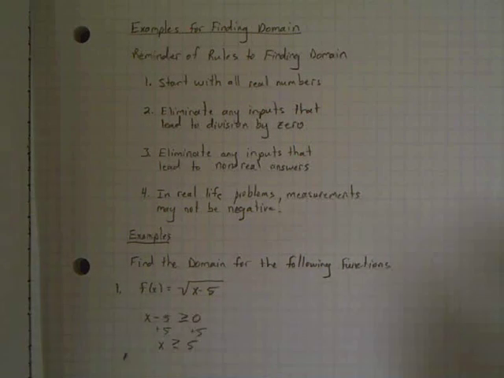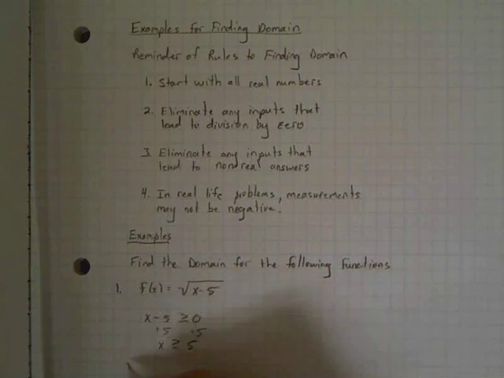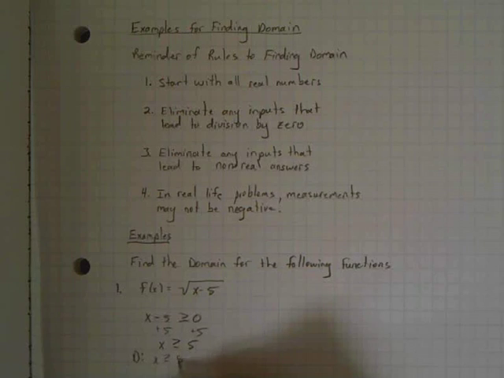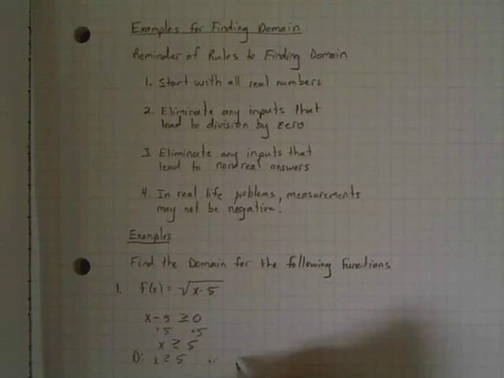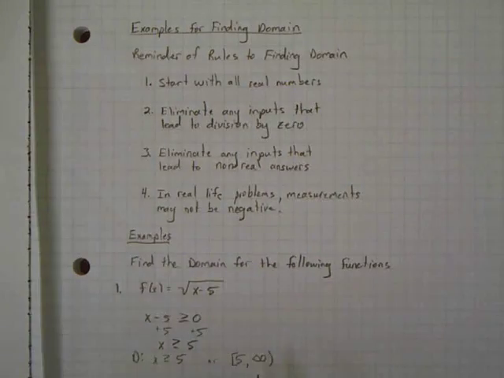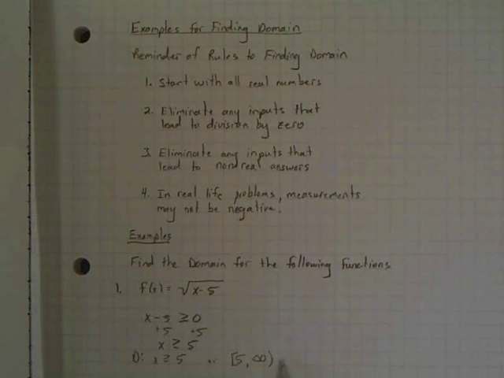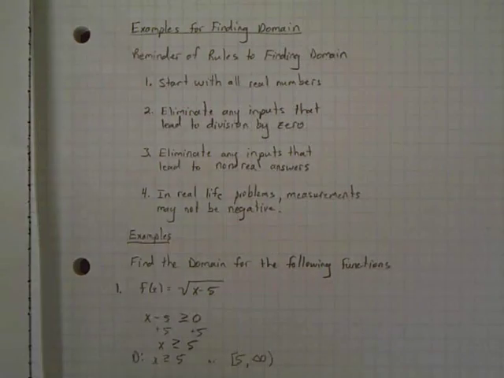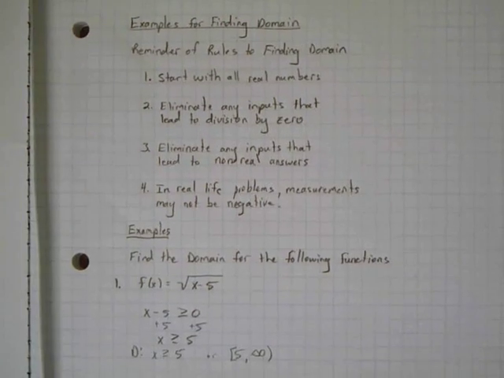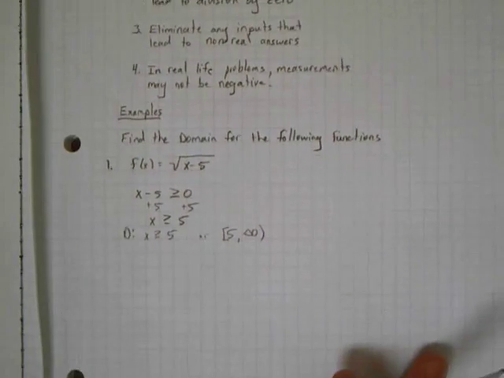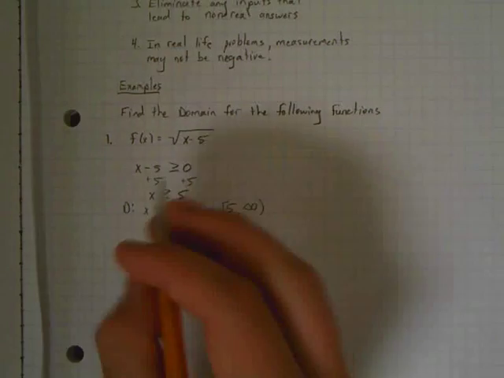So when we write our domain, we can write it in inequality notation like this, or you could also write it in interval notation like that. In my class, we're most primarily going to use interval notation, but this isn't wrong either, so keep that in mind. All right, let's move on to a second problem here.